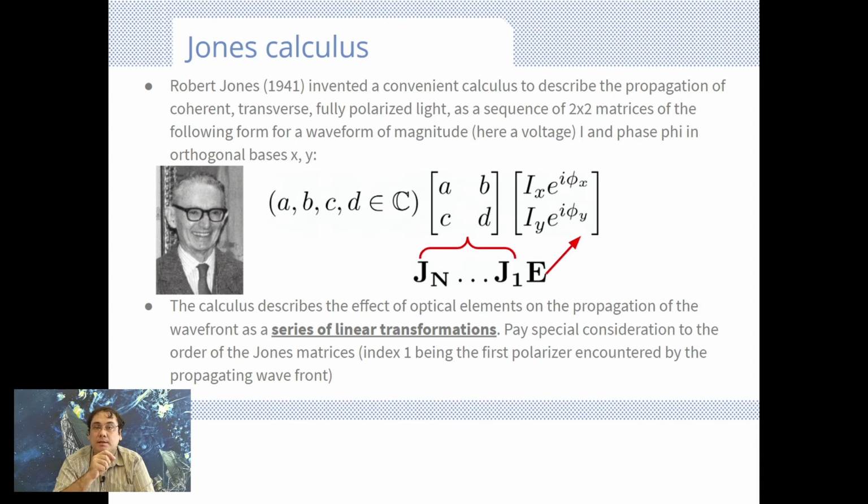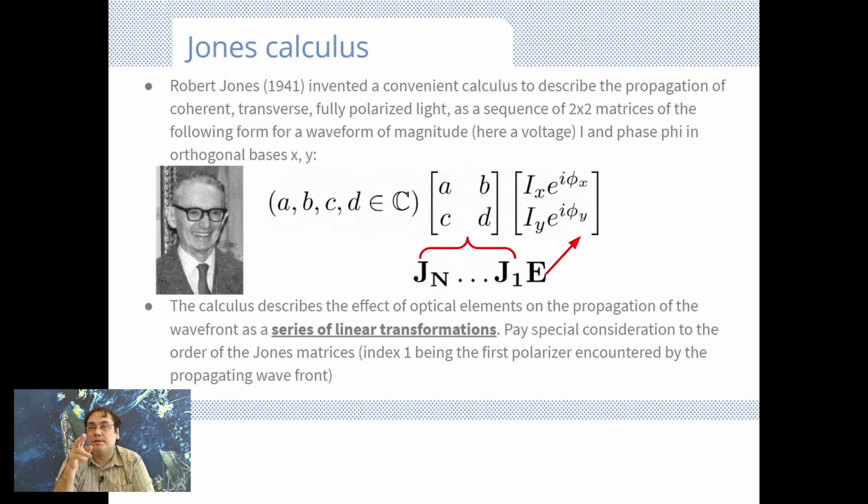The special case here is that the effects are non-depolarizing, right? So the total intensity remains the same. So the terms within these 2x2 matrices that describe all the effects on the propagation of the signal are complex valued.